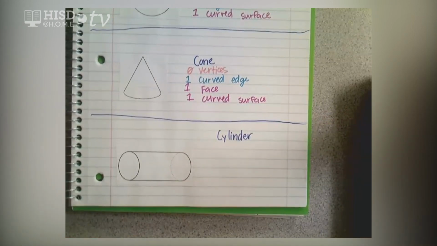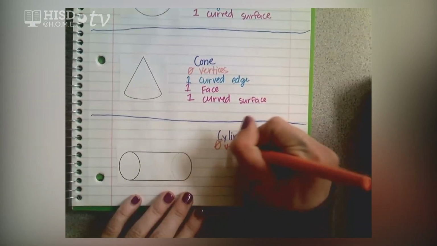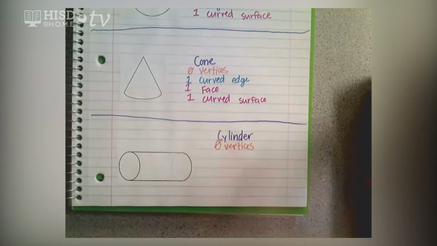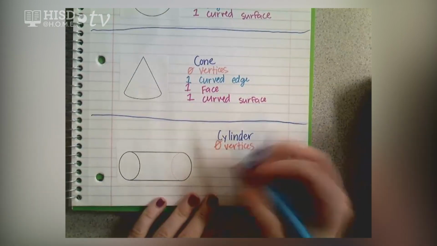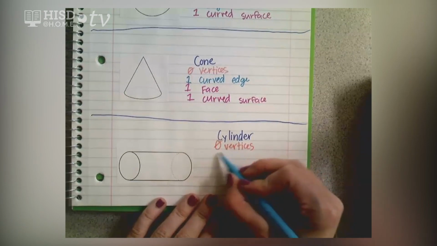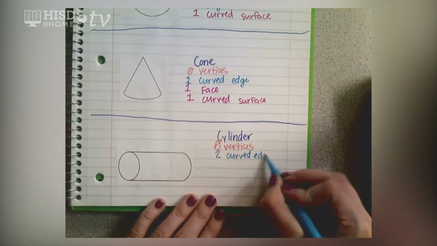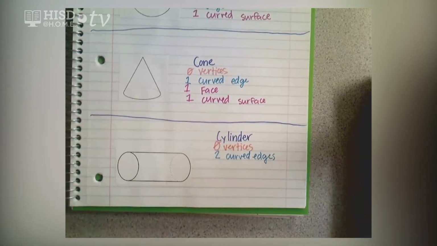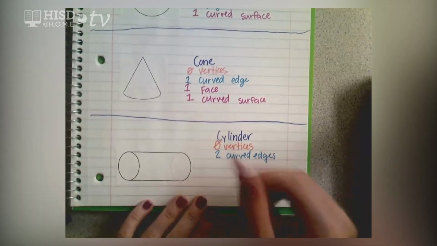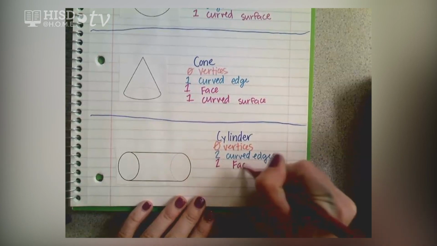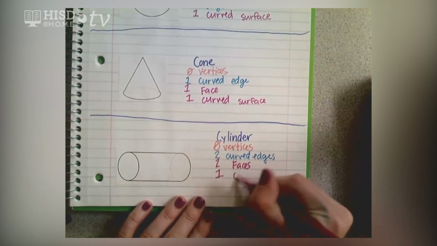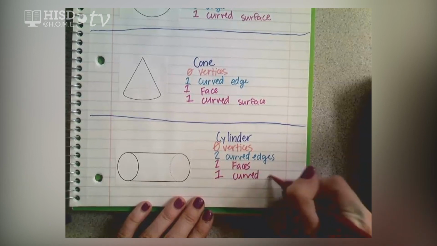We have 0 vertices, two curved edges, two faces, right? We have circles, and one curved surface.